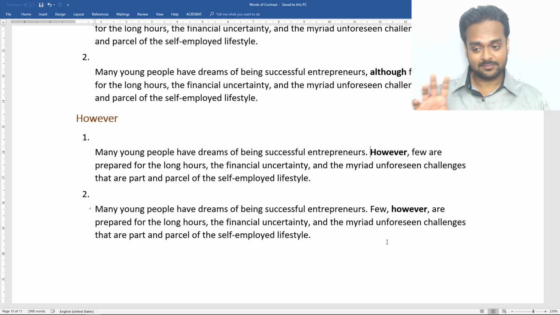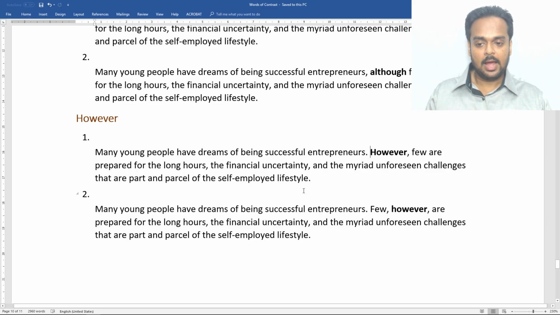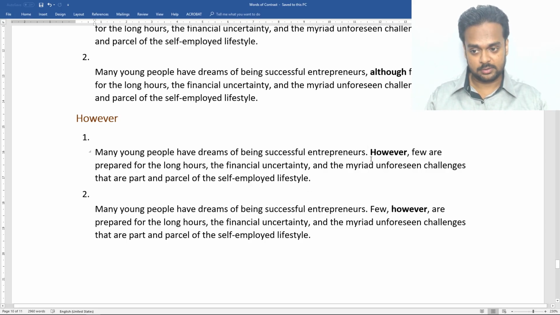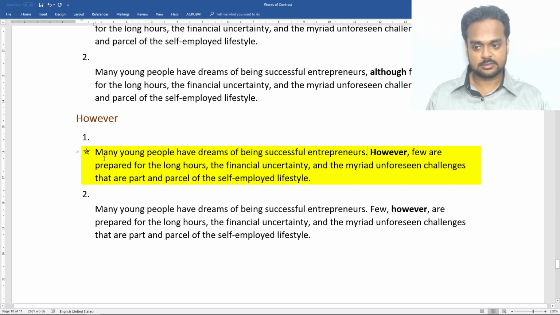So for that reason, I have not included in spite of and despite here. I suggest that with long, large sentences like this, you avoid the use of those expressions and use something simple like however. In fact, I'm going to star and highlight this because I think this is simple and captures the spirit of the sentence very well. So this is my pick.